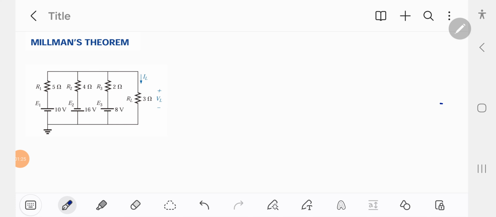In the first step, we are going to find the equivalent potential or equivalent voltage source. For this we are going to apply a simple equation.